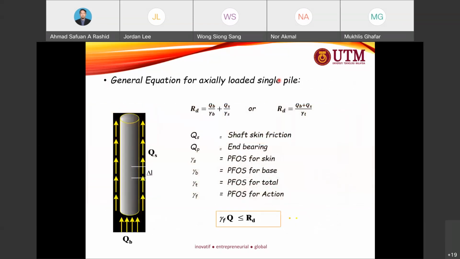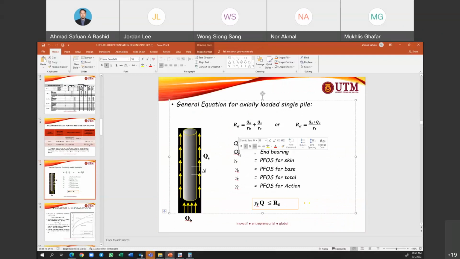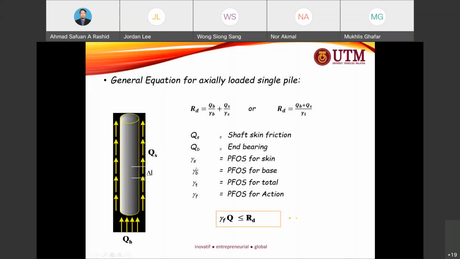So, general equation for an axially loaded single pile. This is the common equation where we have a shaft skin friction and we have an end bearing. This should be QB, not QP, let me try to change it first. So that is for the QS and QB.